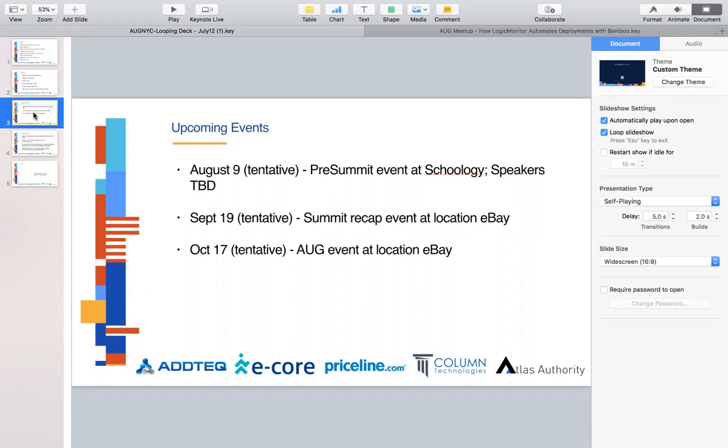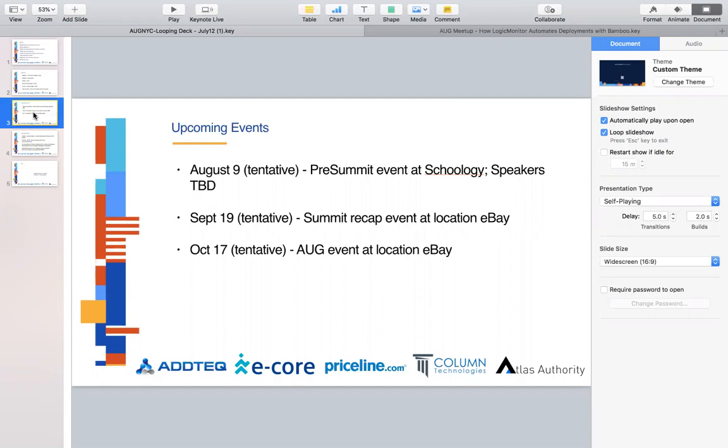We have the location and the date locked in. The speakers are to be TBD. For those of you who haven't been to a pre-summit event, typically we get speakers that speak at Summit that are in the New York City area come and speak at our event, so that those who don't go to Summit get an early preview of it.